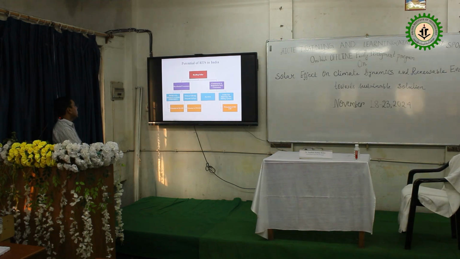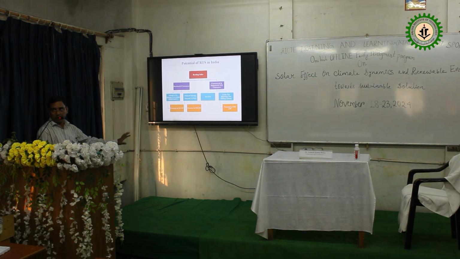I am also talking about the PM Surya Ghar initiative that we are working on. Our NIT Durgapur is the nodal center for that. We are working on implementation in different states, Jharkhand, West Bengal and Bihar, as well as with NPTL. This initiative is targeting 20 gigawatt.